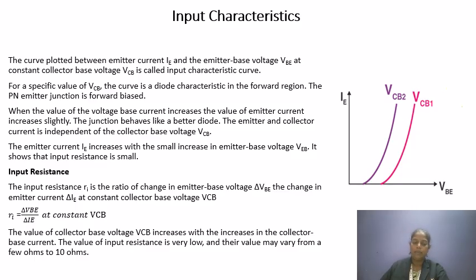So the value of the collector base voltage increases with the increase in the collector current. The value of input resistance is very low. What is the meaning of resistance? In transistors we discussed low resistance to high resistance. So the input resistance is very low, in the range of a few ohms to 10 ohms.